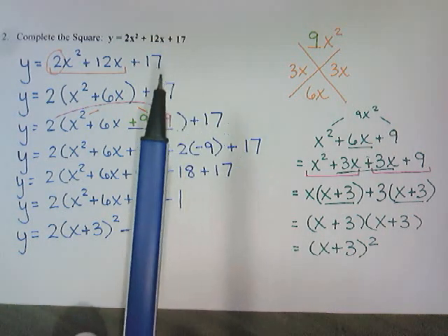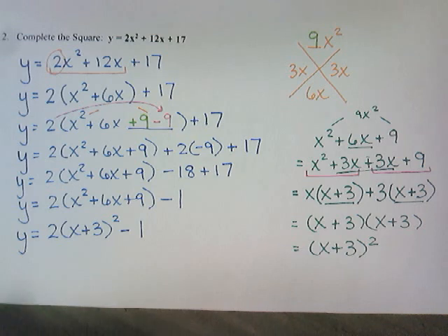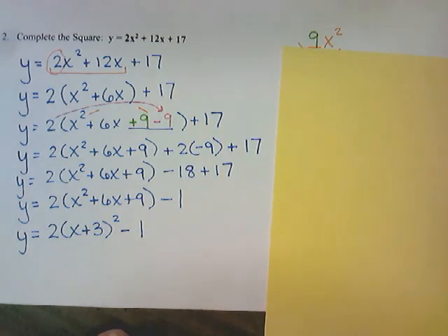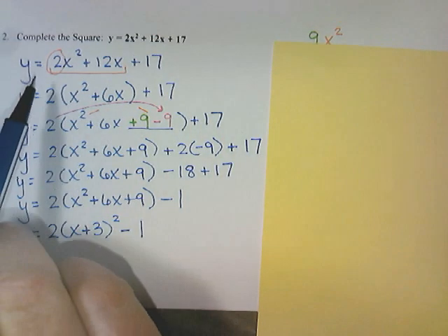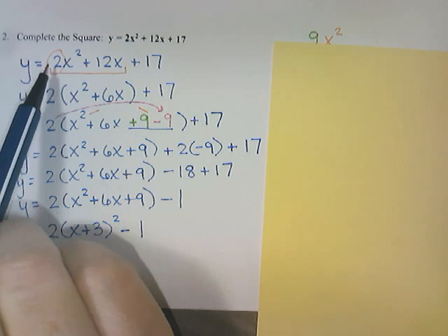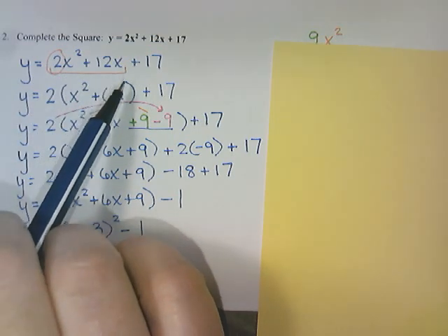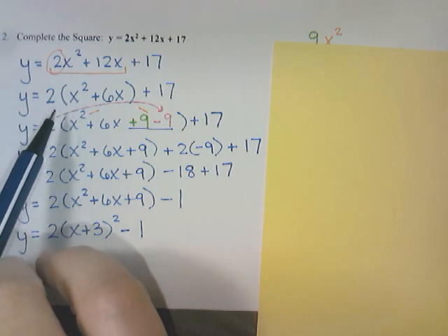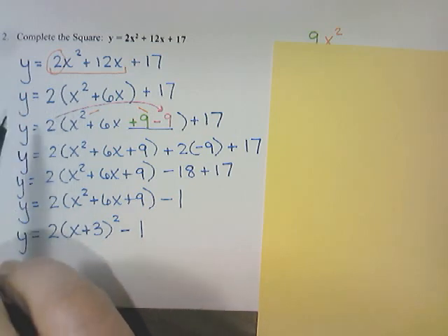You can write those steps on your solution here, or I'm actually going to write mine on a separate piece of paper that I can then look at anytime I'm doing a question. So that's what I'm going to do. I would maybe recommend that you do the same. So when we were doing this, the very first thing we did was we grouped together all the terms that had an x, and we factored out the number in front of the x squared.